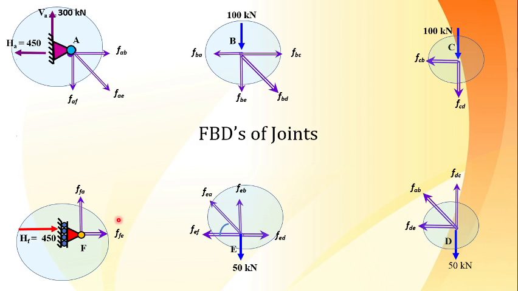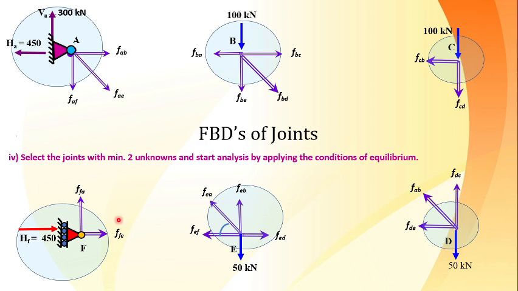But while doing the analysis, I have to go joint by joint. Is that okay? So let us move ahead. As said, select a joint where there are only two unknowns and then consider the free body diagram one by one.